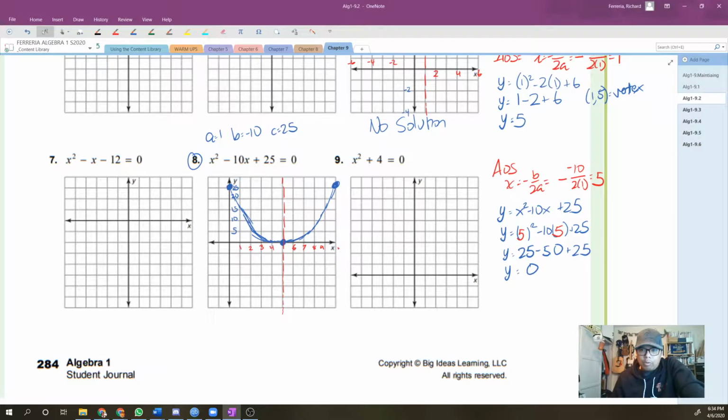This curve only touches the x-axis one time. It doesn't go through the x-axis. It just intercepts it right at the vertex. So we only have one solution. Maybe I should write that with the word one. One solution. And that is going to be x equals 5.